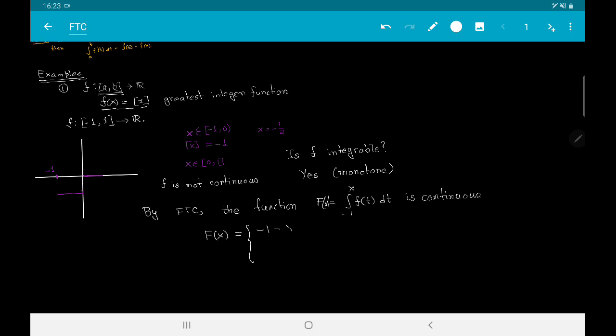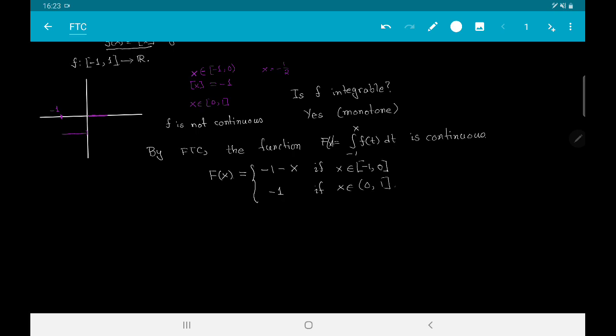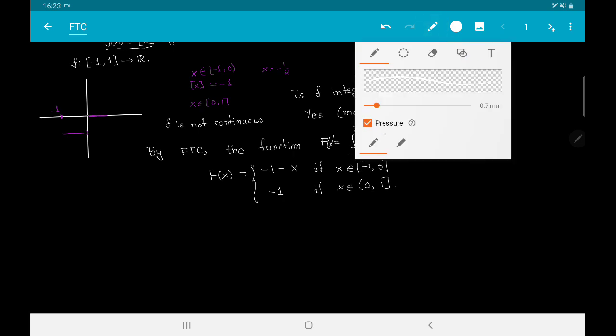It is -1 - x if x lies in the interval [-1, 0], and -1 if x lies in the interval (0, 1].